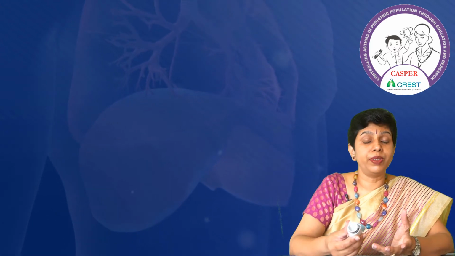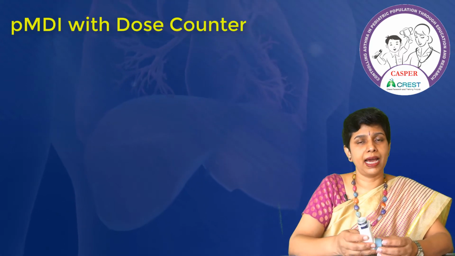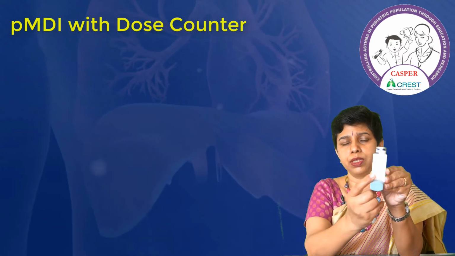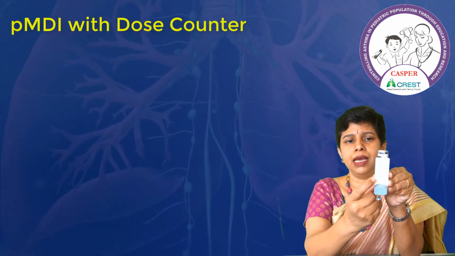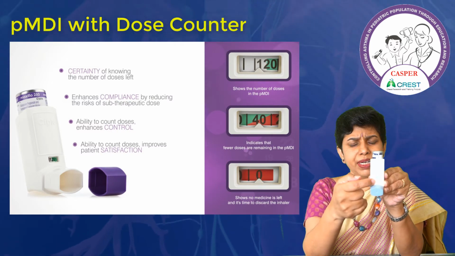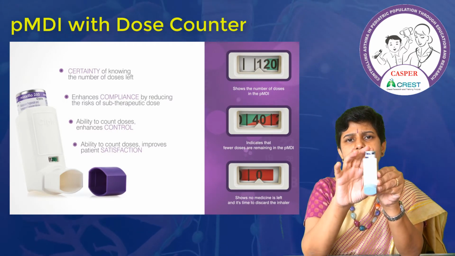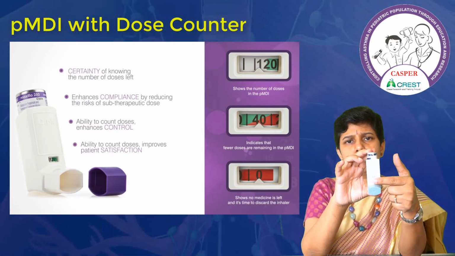Okay. Now, one very important question that we often get is, how do we know that the canister is empty? Well, we are very lucky that today we have inhalers with a dose counter. So here you can see there are numbers marked, and every 20 doses the counter moves ahead.